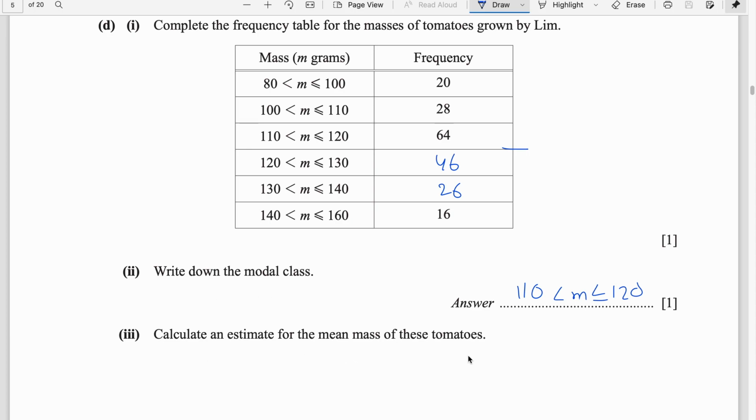Calculate the estimate for the mean of these tomatoes. So mean is summation fx over summation f.